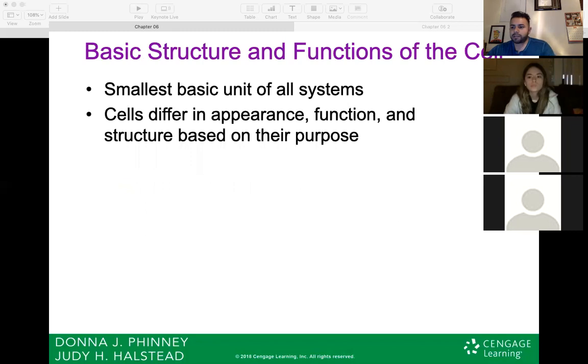The cell is the basic unit of systems and the smallest functioning unit of the body. Specialized groups of cells form tissues, which group together to form an organ. Organs that are grouped together form a system, and all the systems functioning together create a harmony in the body known as homeostasis.